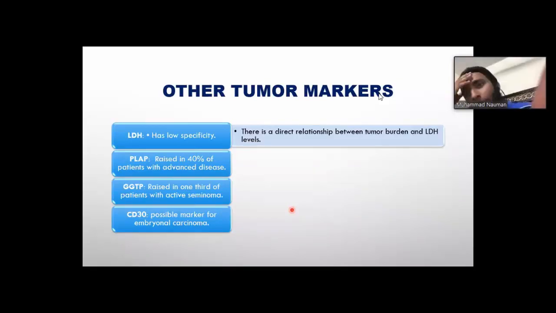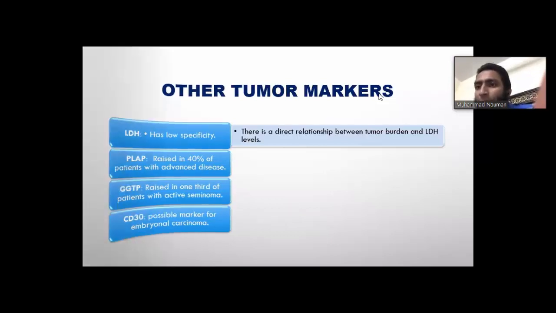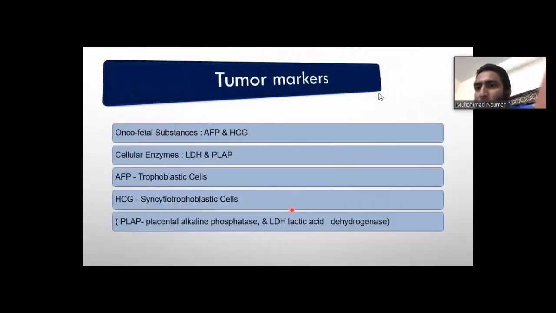In testicular tumor, basically these are substances which are produced biologically by the germ cells. Alpha fetoprotein, beta HCG, and LDH is the overall tumor marker as well as total burden. The most important marker is AFP.